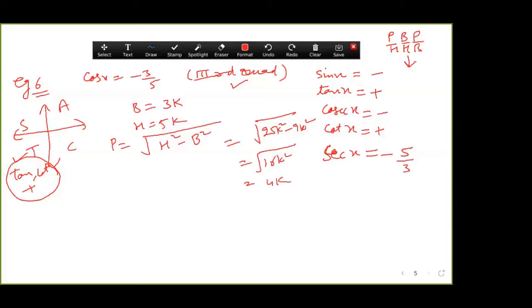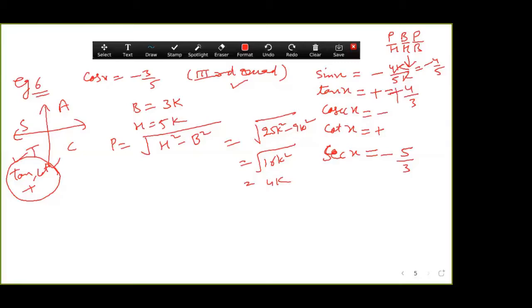Now what is sine? P upon h. P is 4k, upon h means 5k. Cancelled, that is minus 4 upon 5. Now in the tangent case, p upon b means 4 upon 3 with plus sign. Okay.